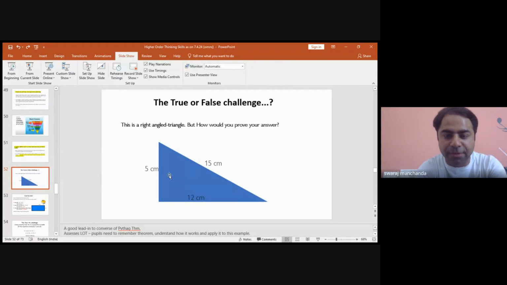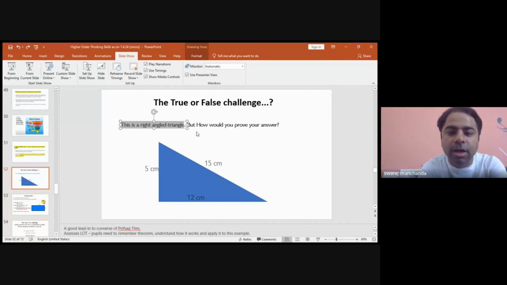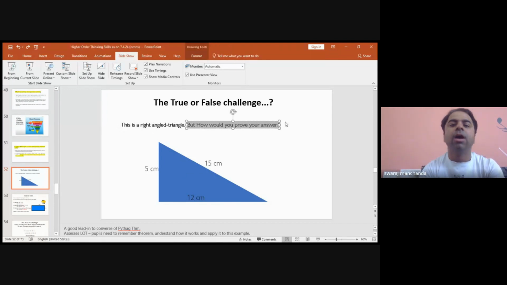Pythagoras theorem is a famous concept. We all have learnt it in 8th, 9th standards. We know P square plus B square is equal to H square: perpendicular square plus base square will equal hypotenuse square. Now I have given a right angle triangle. I'm already telling it is a right angle triangle, but how would you prove your answer?